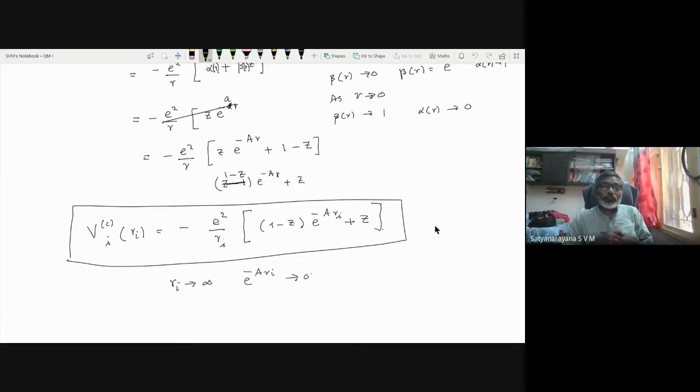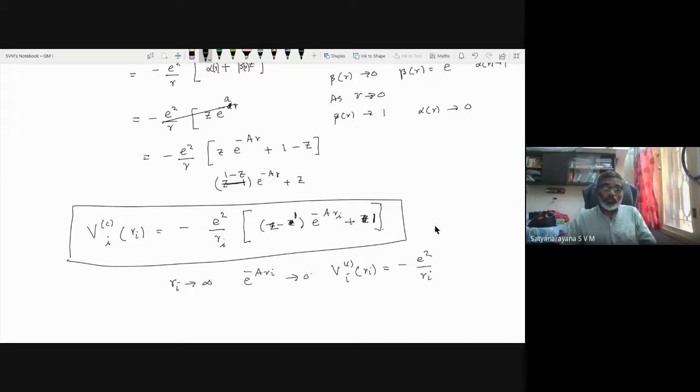So I must put this as 1 and this as Z minus 1. This goes to 0, so you get Vc(r) equal to minus e square by r.